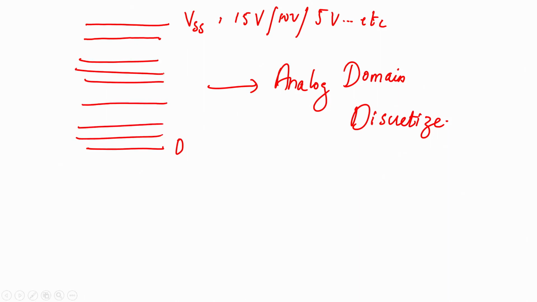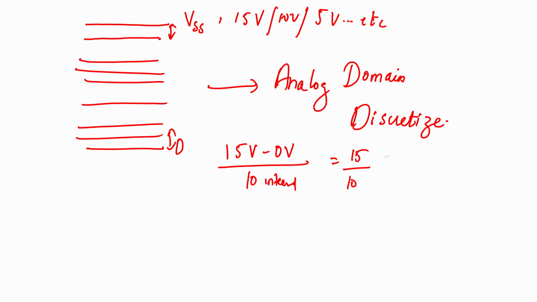Let us say we need 10 intervals. Then I need 15 volt minus 0 volt divided by 10 intervals, which is 15 by 10 equals 1.5 volt. So, 1.5 volt is my interval value.